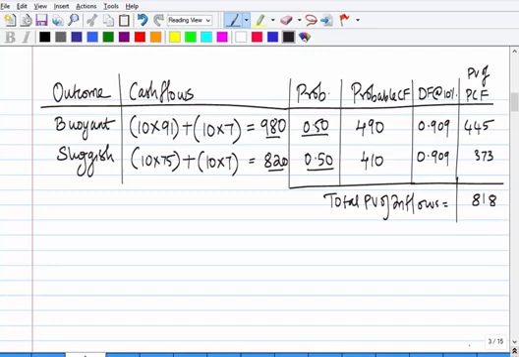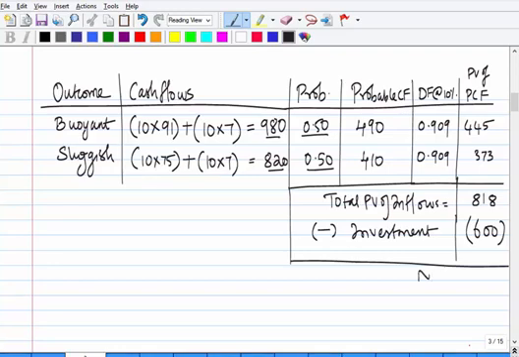In order to know the net benefit, I should subtract the investment. What is the investment made on those 10 flats? Investment is 600. So 818 lakhs is the inflow, investment is 600 lakhs. So what we get is the net benefit.